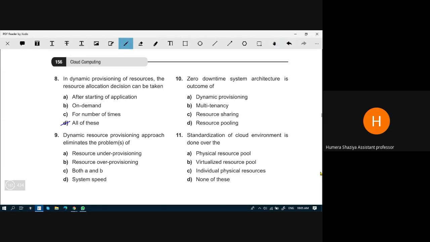So all of this. The dynamic resource provisioning approach eliminates the problems of resource under provisioning and resource over provisioning, both. So A and B. Zero downtime system architecture is the outcome of resource pooling. Standardization of the cloud environment is done over a virtualized resource pool.